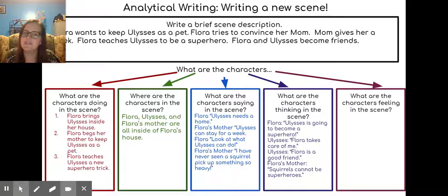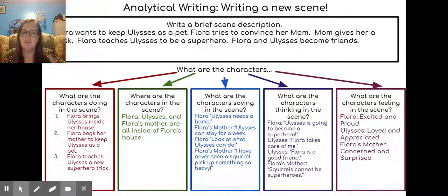And so our last one is, what are the characters feeling in this scene? So feeling, are they happy, sad, angry, anxious, nervous, upset, tired? How are they feeling in your sequel? So for my sequel, I have Flora excited and proud because she has a superhero as a friend.